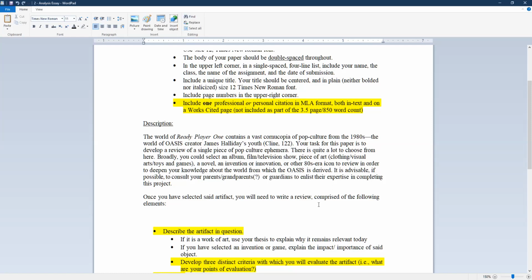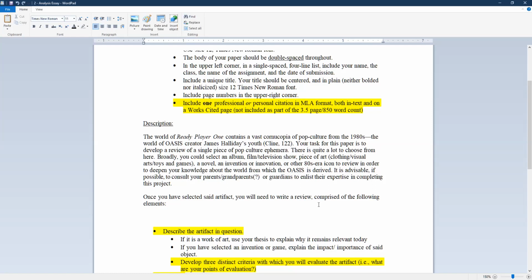And in a real broad sense, you could select an album, a film or television show from that period, a piece of art. And with art, I'm expanding that to include anything that might have to do with visual arts, obviously, but then clothing or fashion from that era, toys or games. All of those would fall under a general, real broad art heading.